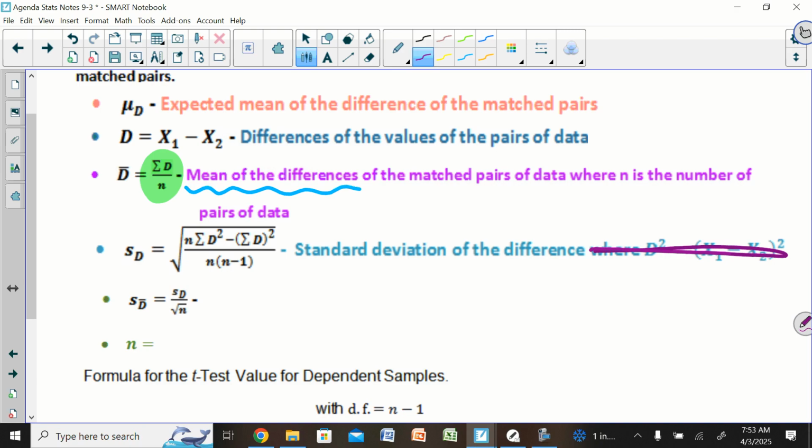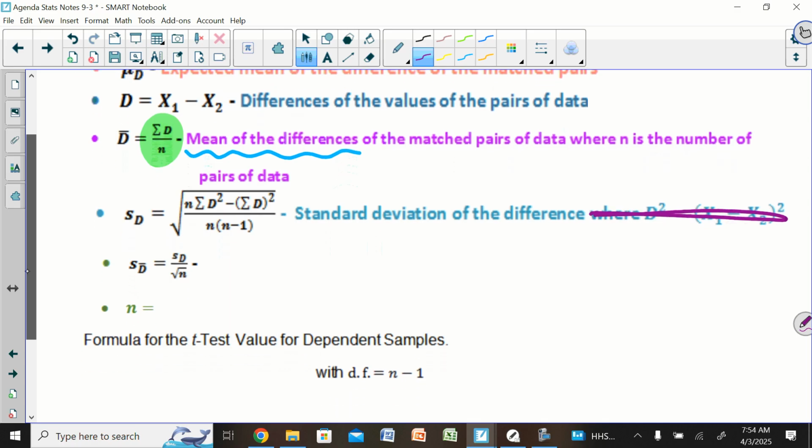So that means that when we put in a list of numbers and we find the mean and standard deviation, well, our list of numbers is actually our differences. So we have to do the subtraction, and then we calculate. So the formula, I kept it on your paper, is a giant square root because it's standard deviation, not variance. And it's n times the sum of our differences squared, minus the sum of our differences, and then we're going to square it. And that's all over n times n minus 1. Don't worry, we've got this.